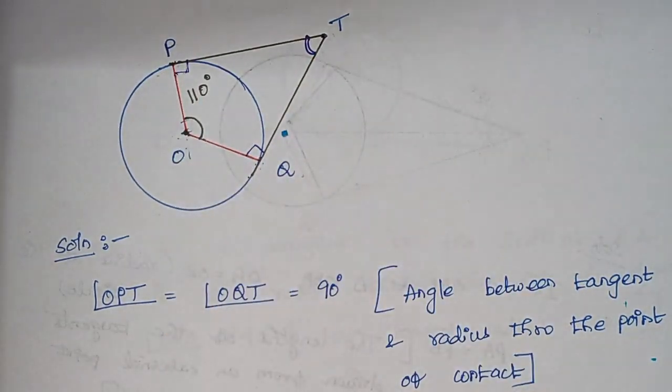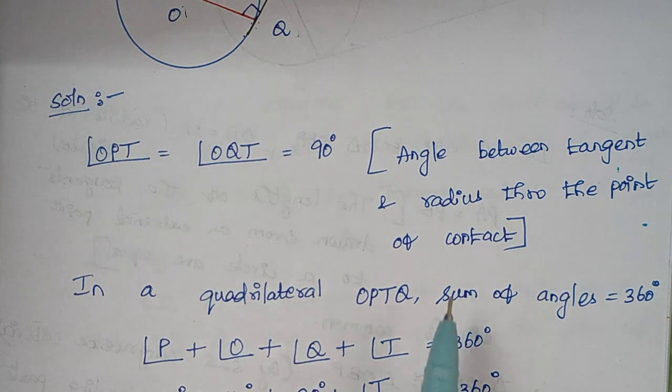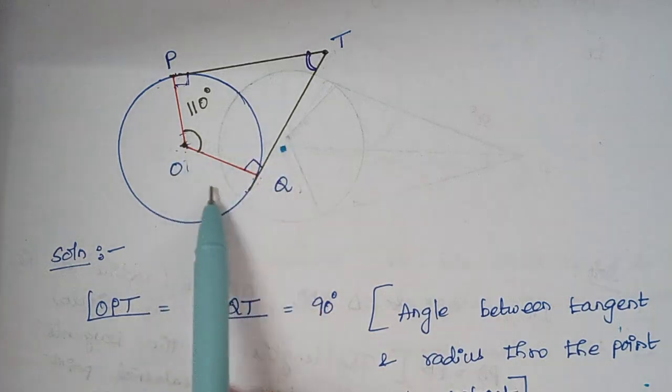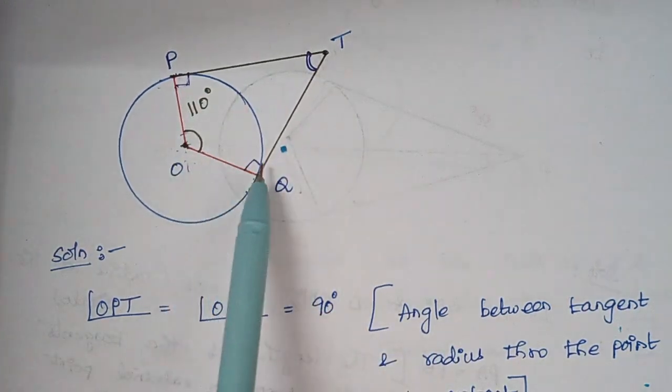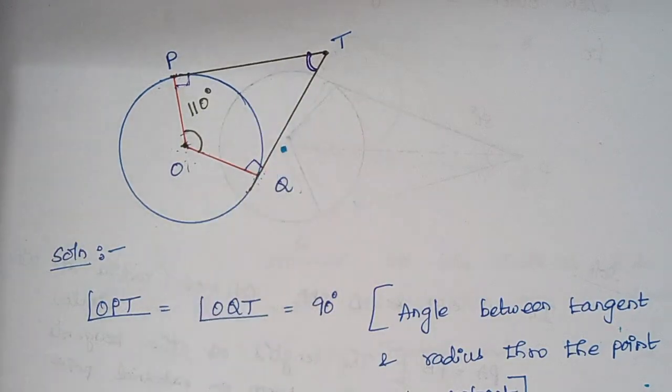The sum of all the angles of a quadrilateral is equal to 360 degrees. How many angles do we have? 1, 2, 3 and 4. When you add all these 4 angles, the value is equal to 360.